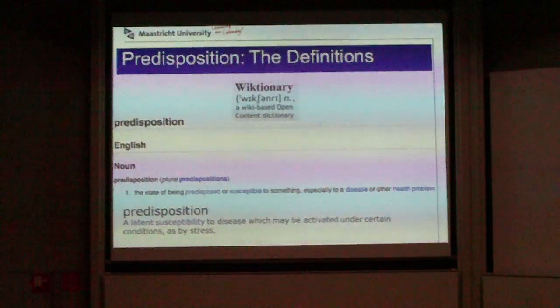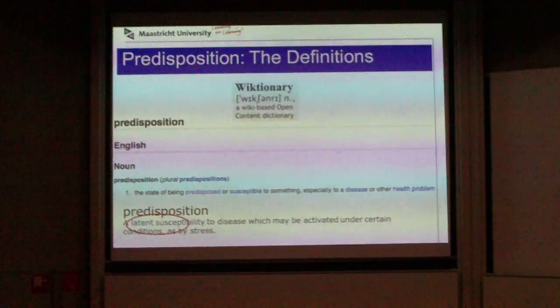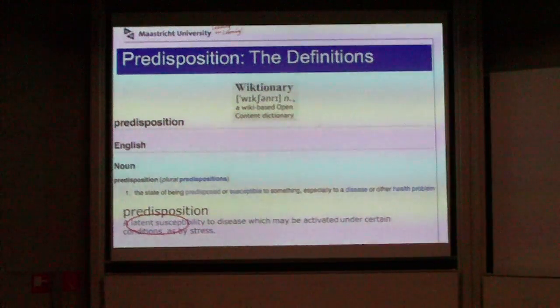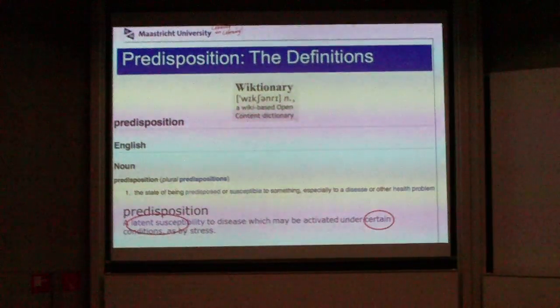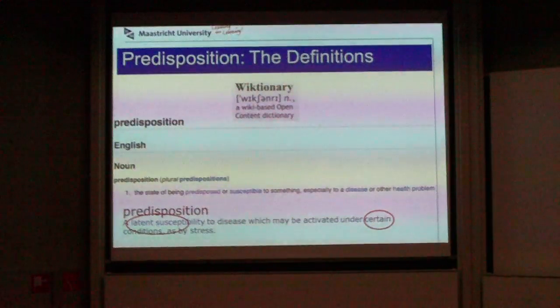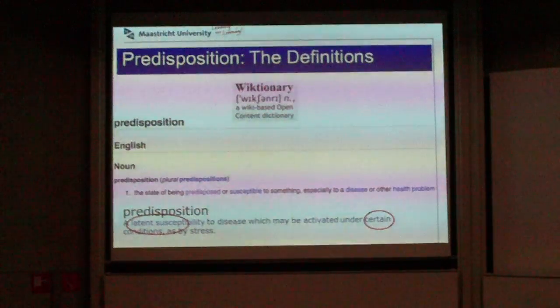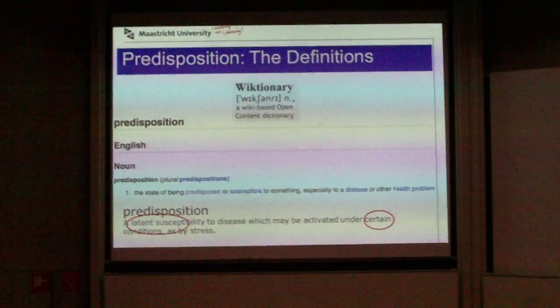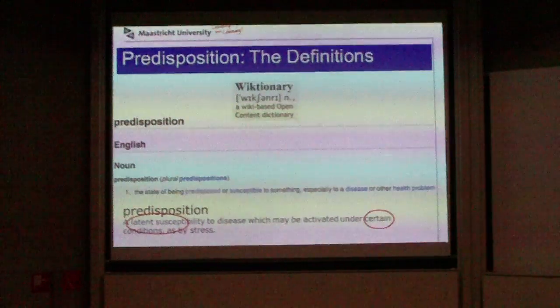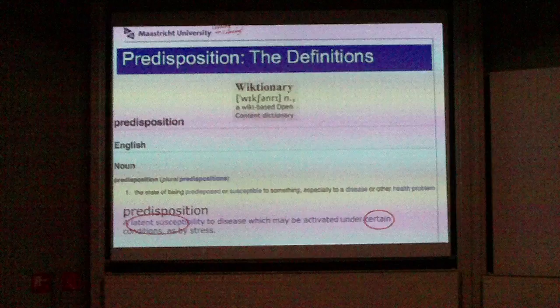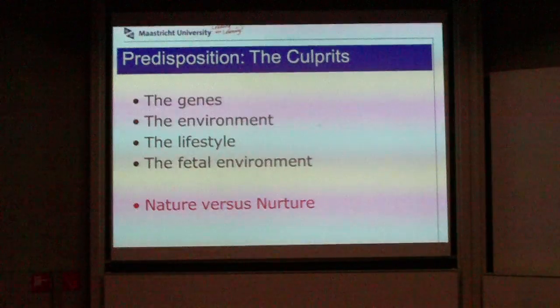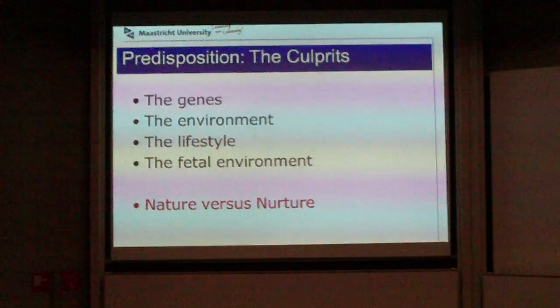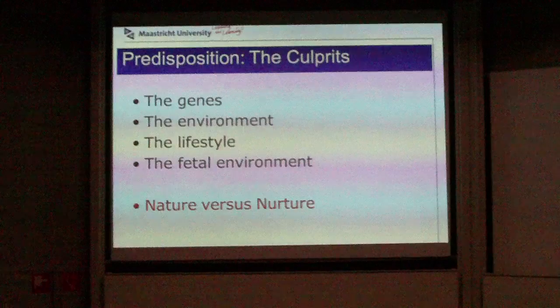It's also indicated as a latent susceptibility that only comes about under certain conditions, for instance by a stressing factor. So it means that under certain conditions, one individual may be at an increased risk as a result of a change. And the question is, of course, how does this come about?